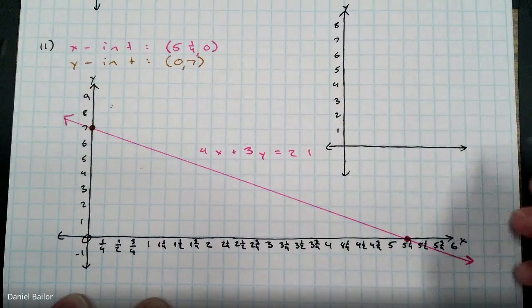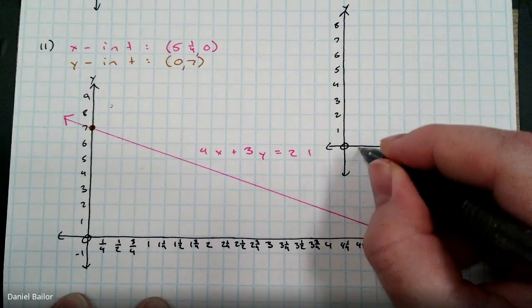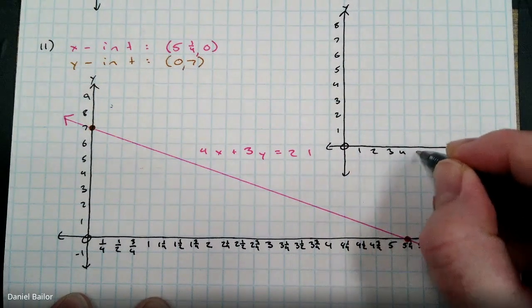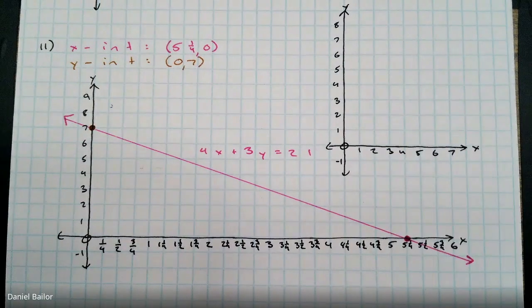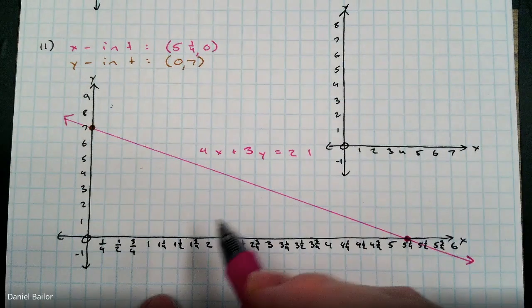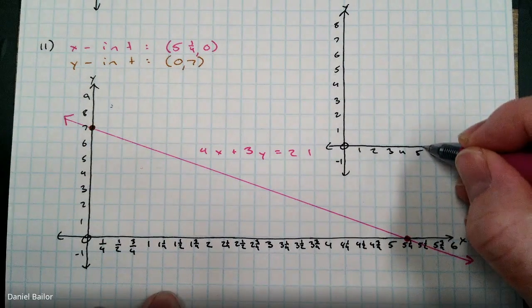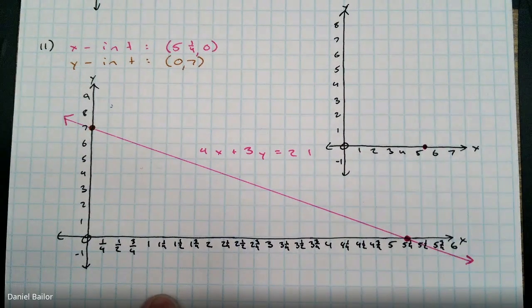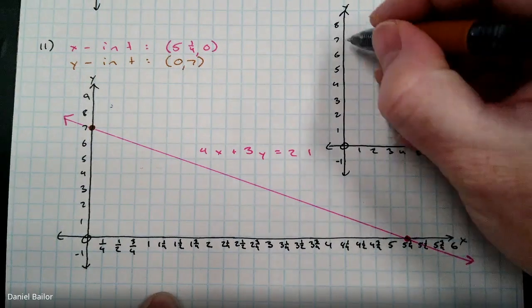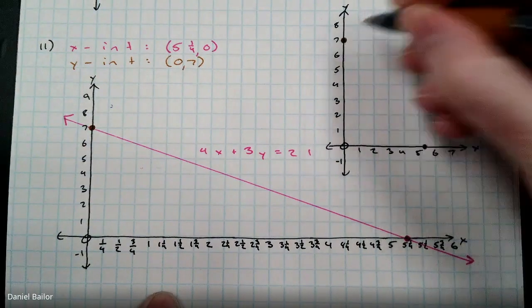If you counted by ones, this is probably close to what you drew. So your 5 1/4 is going to be about right there. You notice how I have to go about 1/4 of the way between 5 and 6. 0, 7 is still on the line right there.